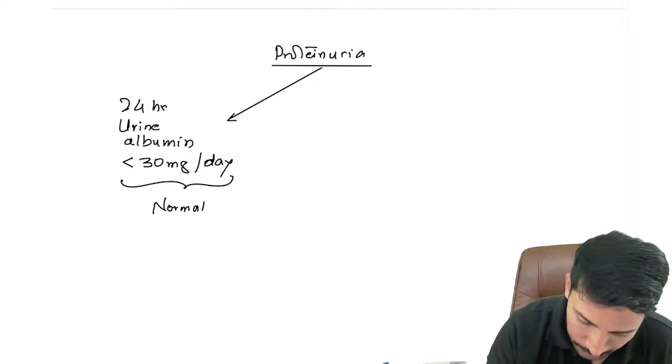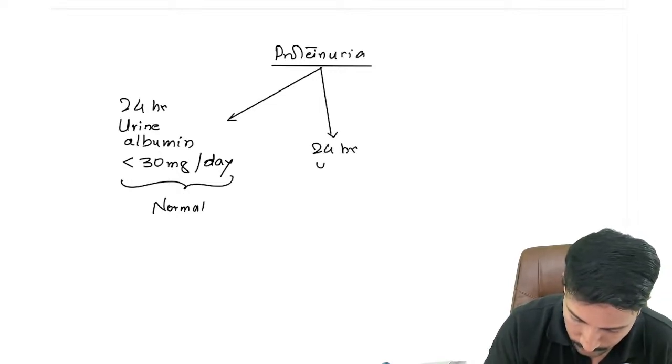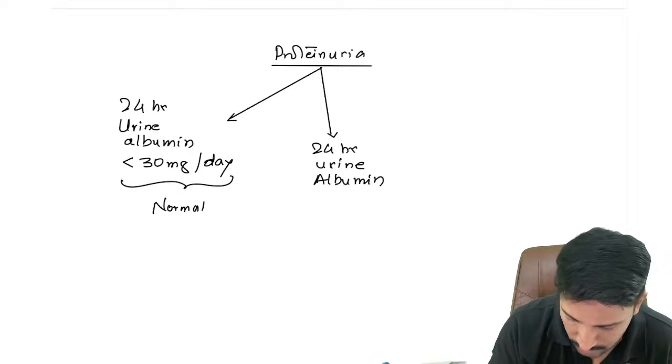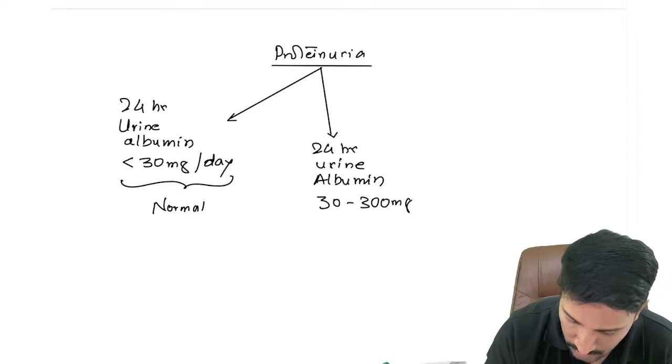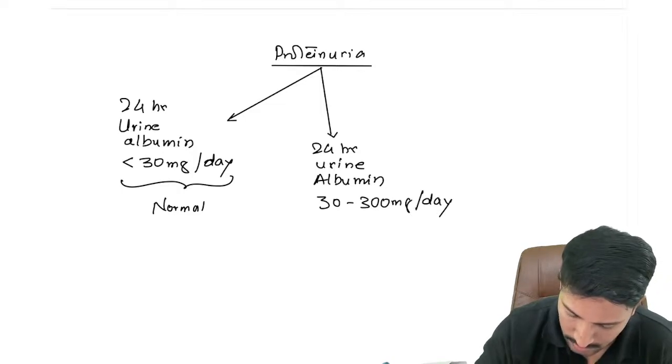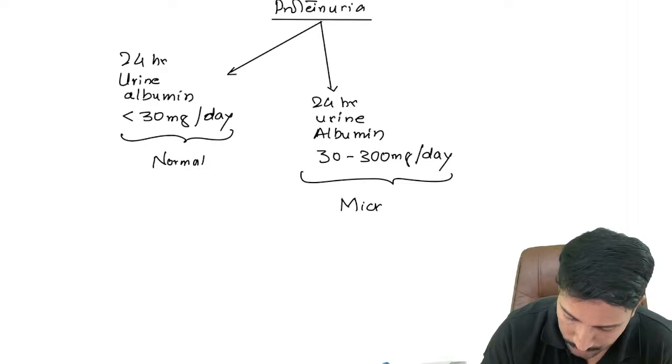Then, if the 24-hour urine albumin is 30 to 300 milligrams per day, in that case we will call it microalbuminuria.